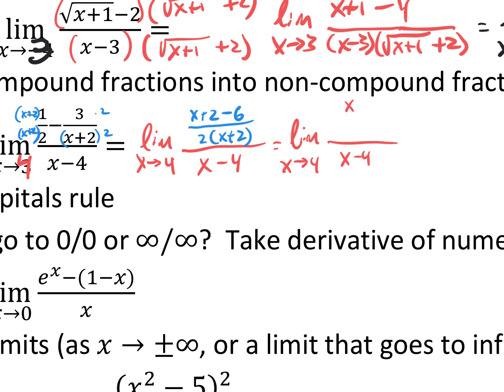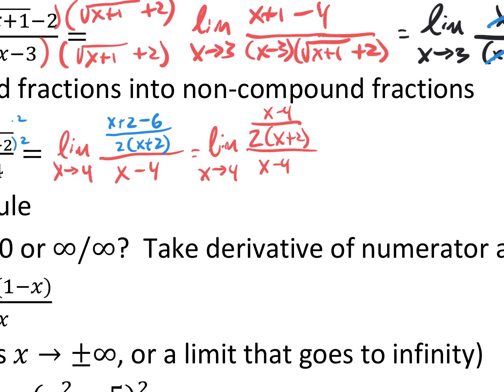Look at this, x minus 4 on top, 2 times x plus 2. Okay. Well, what do we do with this? Well, you can think of this a couple ways here. You can think this is over 1. So we want to get rid of that. So let's multiply by the reciprocal.